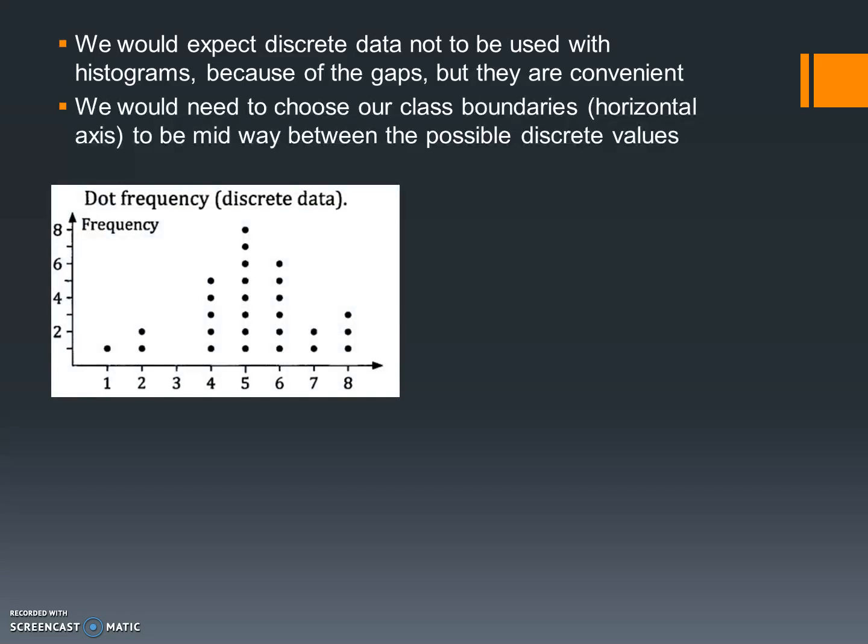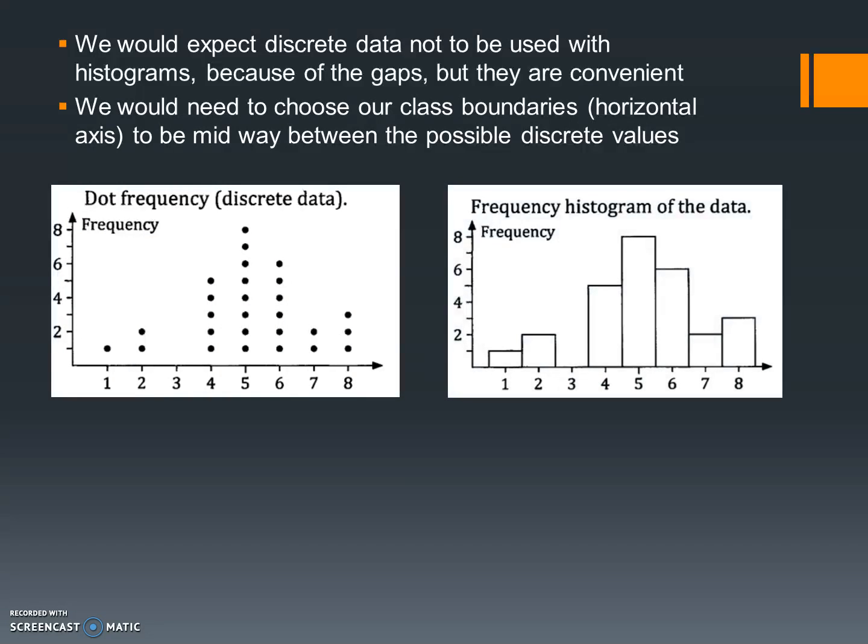For example, if this is our data, our options between 1 and 2, we need to pick halfway between there. So the frequency that was recorded for number 2 would need to go from halfway between 1 and 2 to halfway between 2 and 3, just like it is here. And here's an example of that gap occurring in a histogram because the frequency is 0.